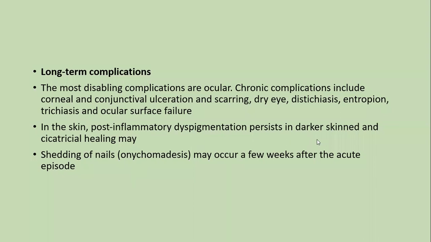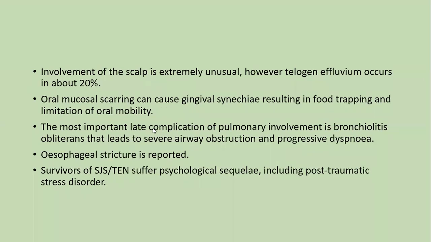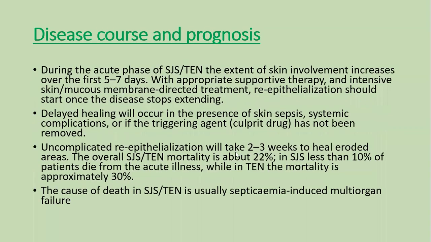Post-inflammatory dyspigmentation, hypo and hyperpigmentation, and shedding of nails may occur. Telogen effluvium, oral mucosal scarring, food trapping and inability to take food. Then esophageal stricture, psychological sequelae, and post-traumatic stress disorder.